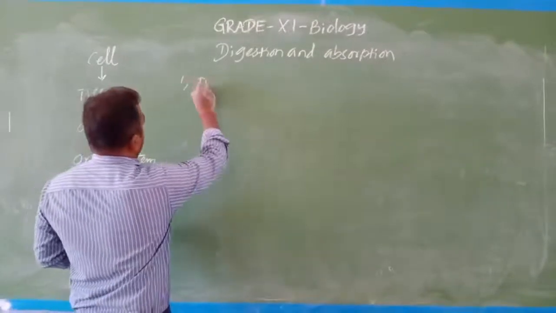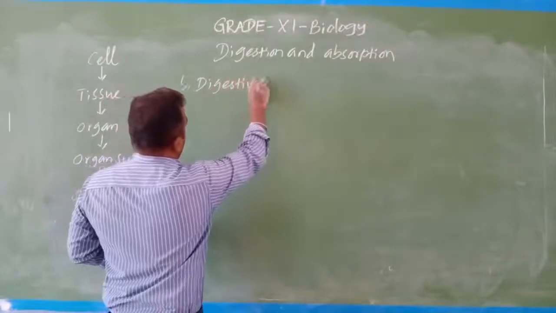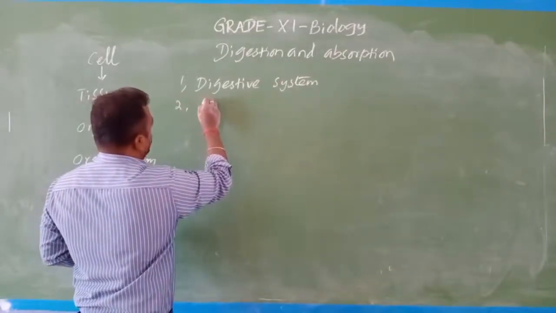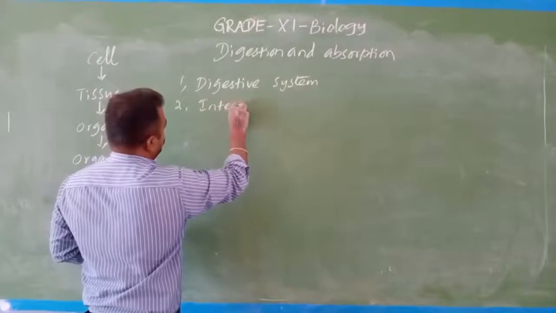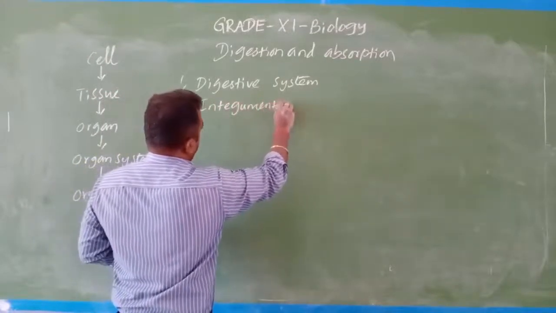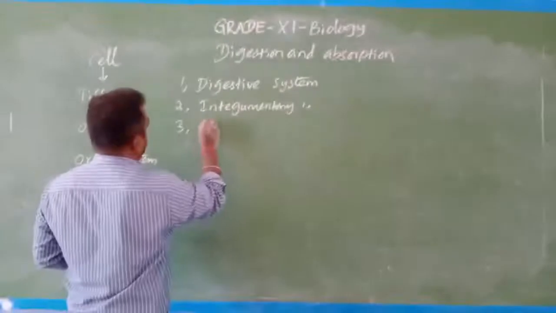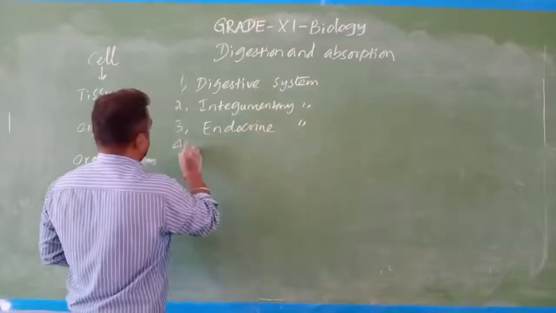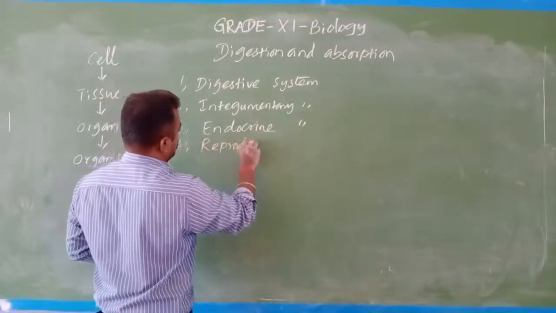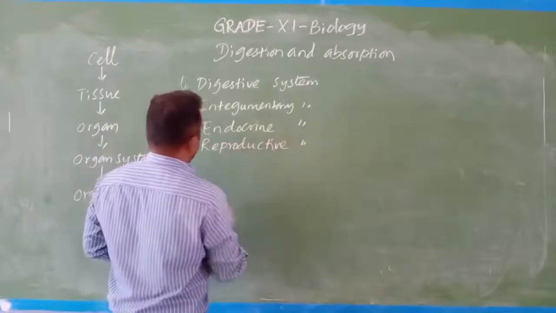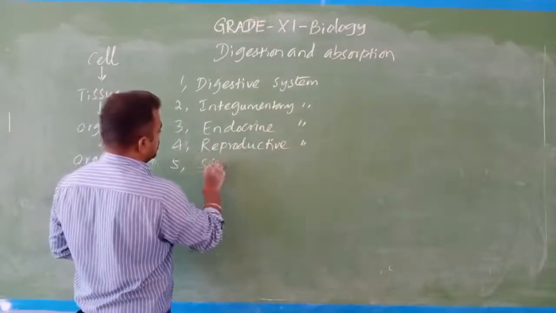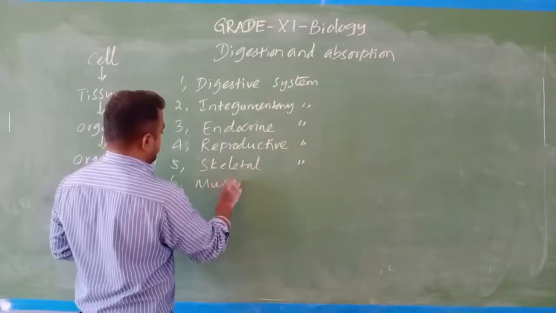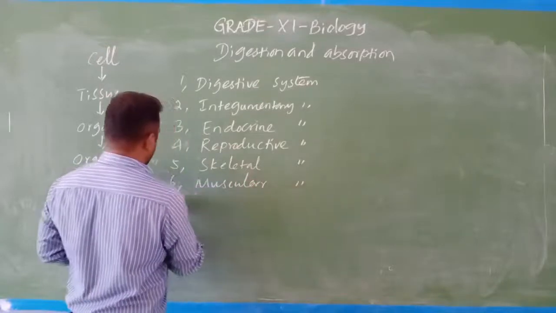One is the digestive system, then the integumentary system, then the endocrine system, reproductive system, skeletal system, muscular system, and circulatory system.